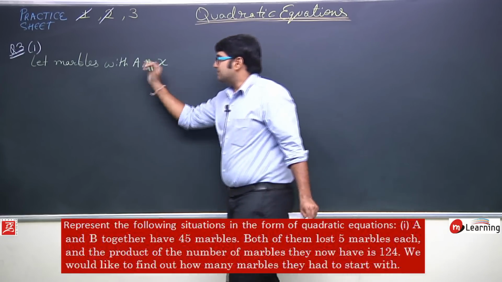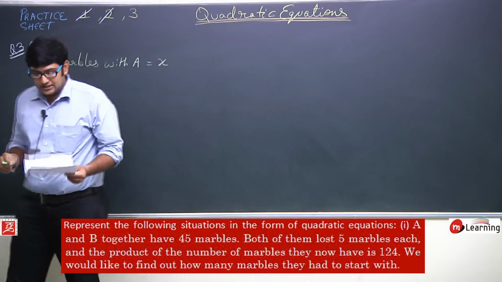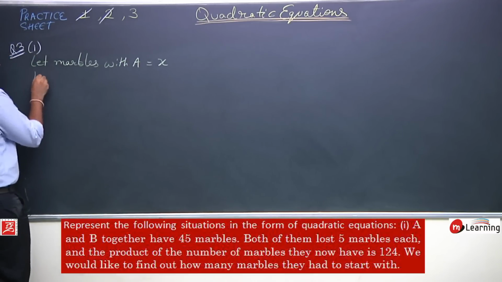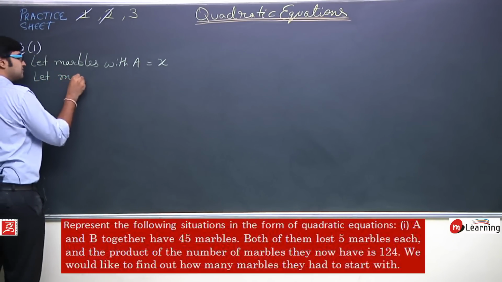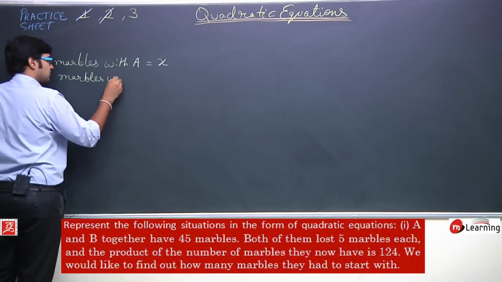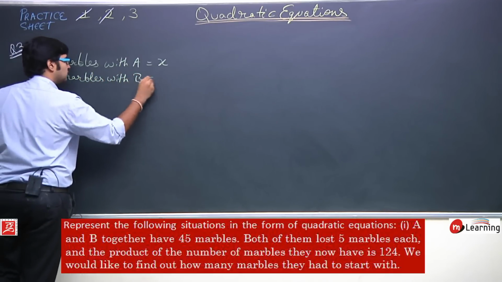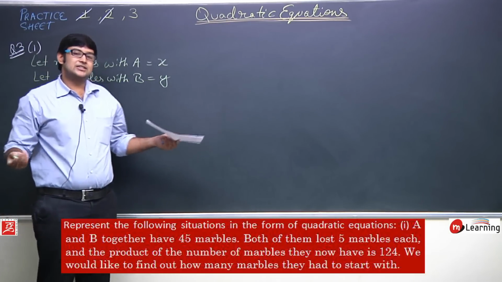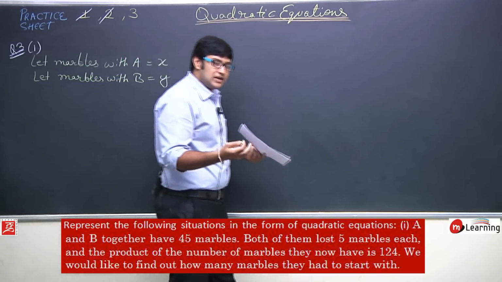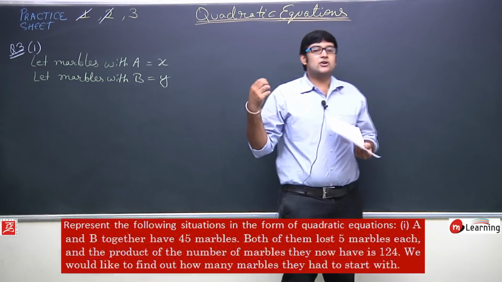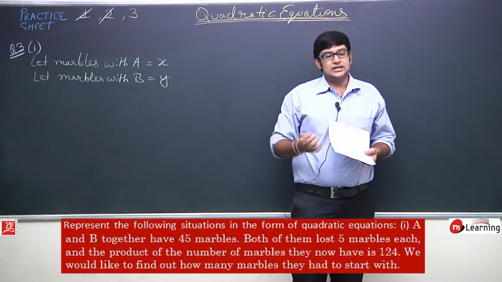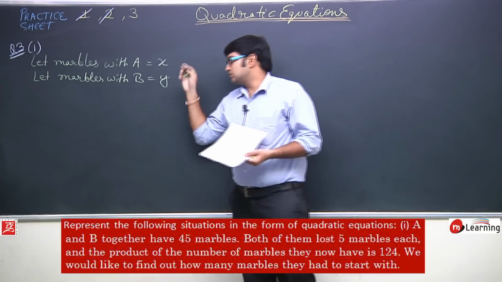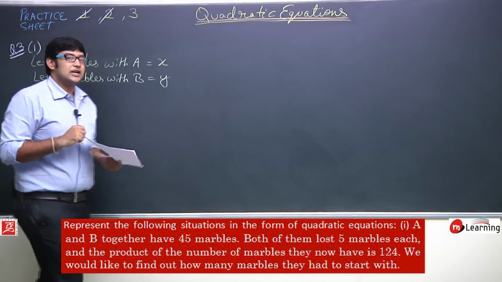And let the marbles with B be y. So A has x marbles and B has y marbles. This is just a basic notation from our knowledge of linear equations in two variables.